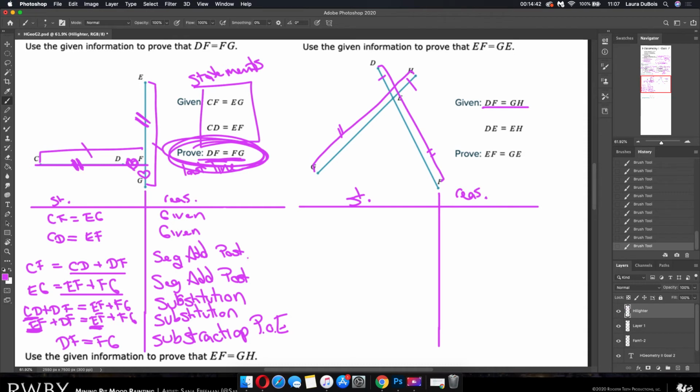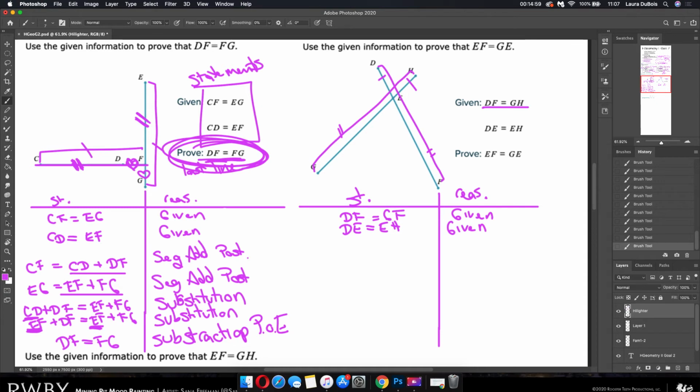Okay, first things first, our givens. We're told that DF equals GH, that's been given to us. Then we're told that DE equals EH. Again, that was given to us, and you always want to start with your givens to make life smoother for you.